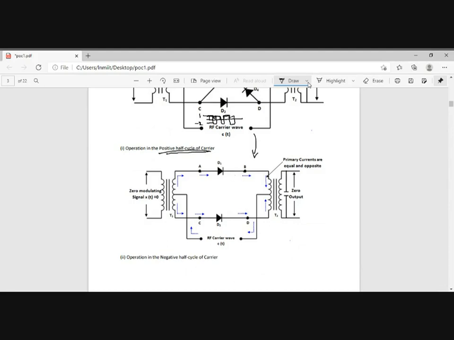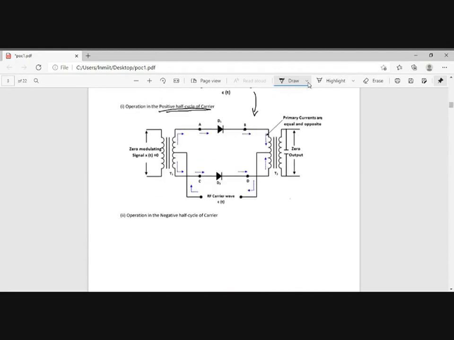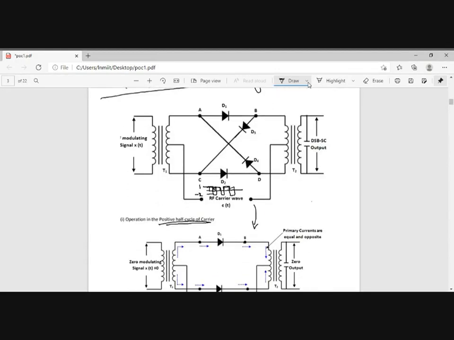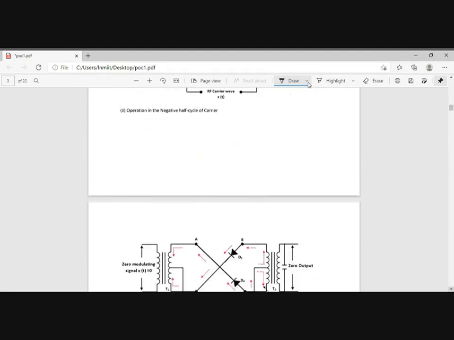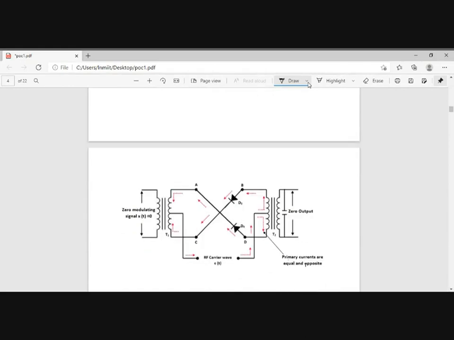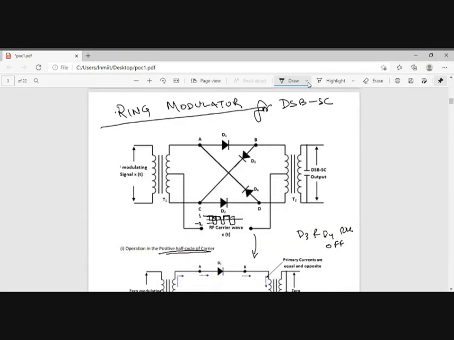Because D3 and D4 are off. Let's move to the second part, the negative half cycle. When it is in the negative half cycle, that means we are structuring to this. This will be positive and this will be negative. That means this will be on and this will be on.